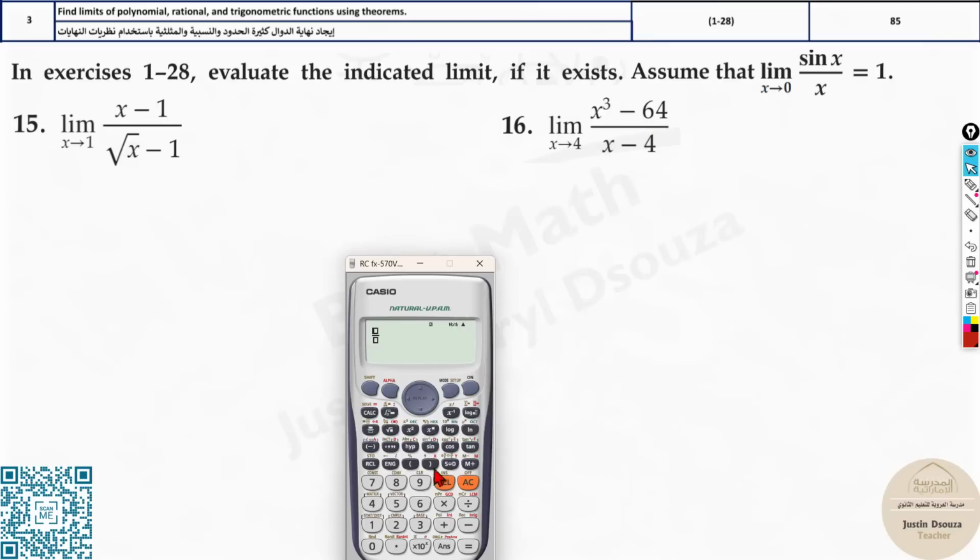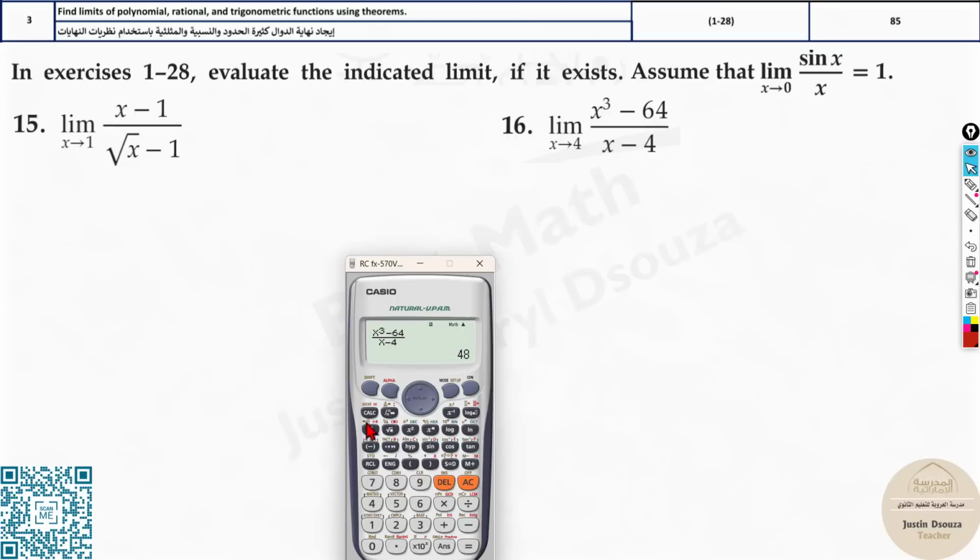Now this is also the same thing. I'll just do this one over here. It's cube of x, that is power 3, minus 64 divided by x minus 4, and calculate the limit at 3.999, that is very close to 4.